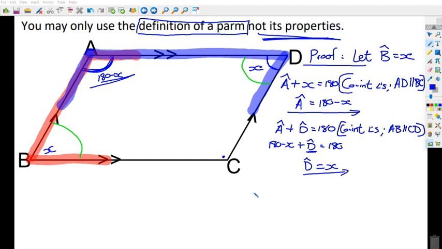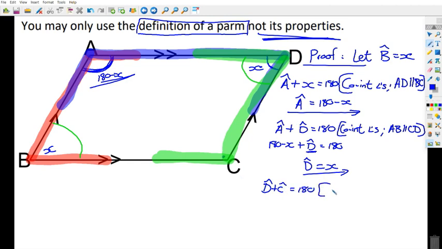Okay, so here are my parallel lines, over there and over there. And I'm going to connect those two. There's my backwards C. So I know that angle D plus angle C is equal to 180 degrees.